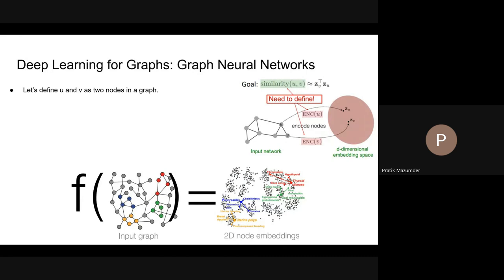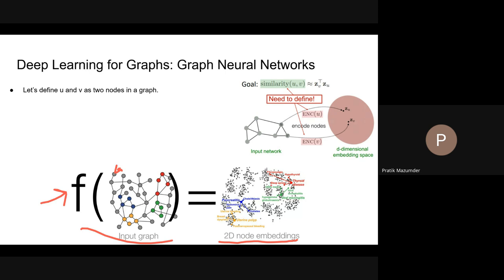As I mentioned, an encoding function is basically a function that will map your different nodes into an embedding space. Your individual features may be of large dimension, while you're mapping all of the nodes to an embedding space which is only 2-dimensional.